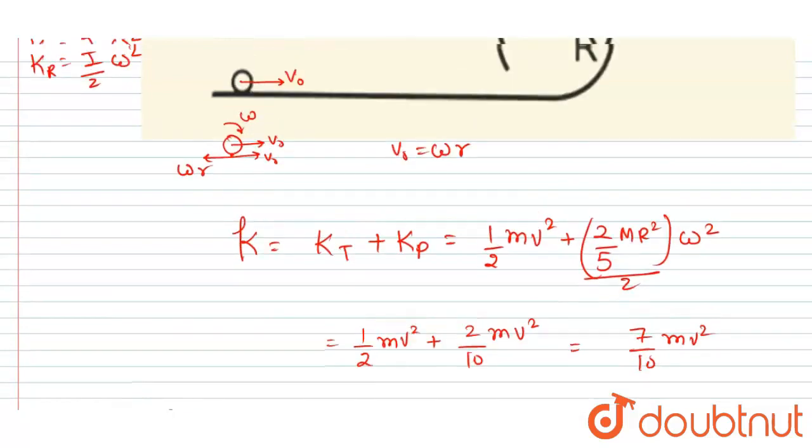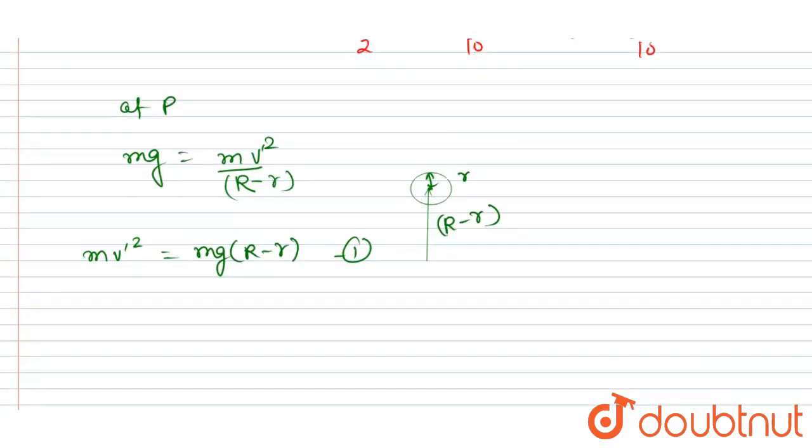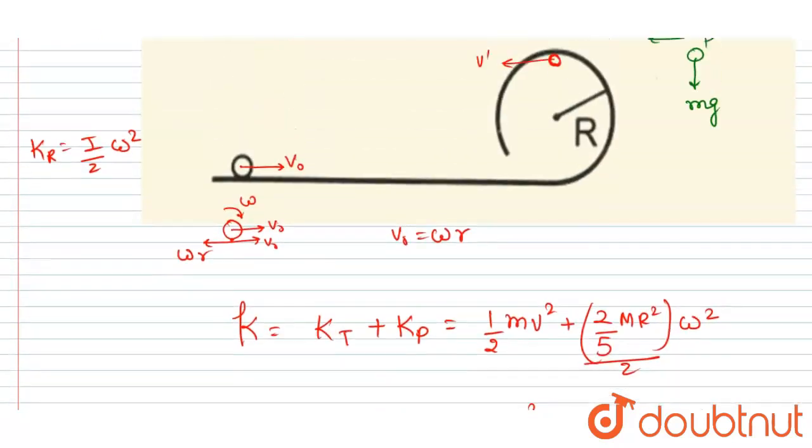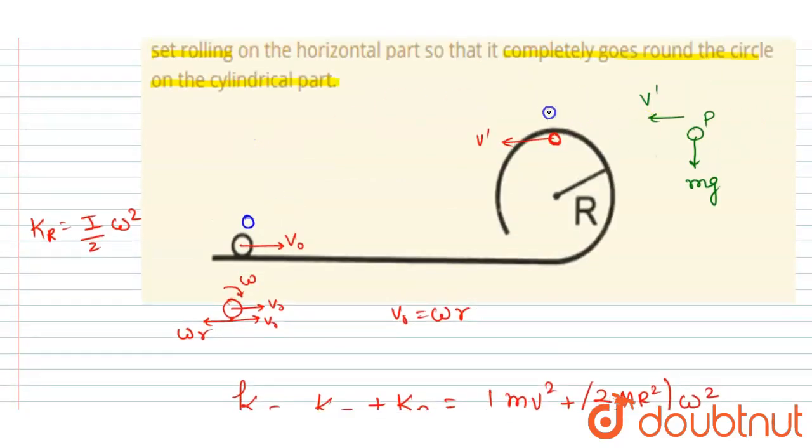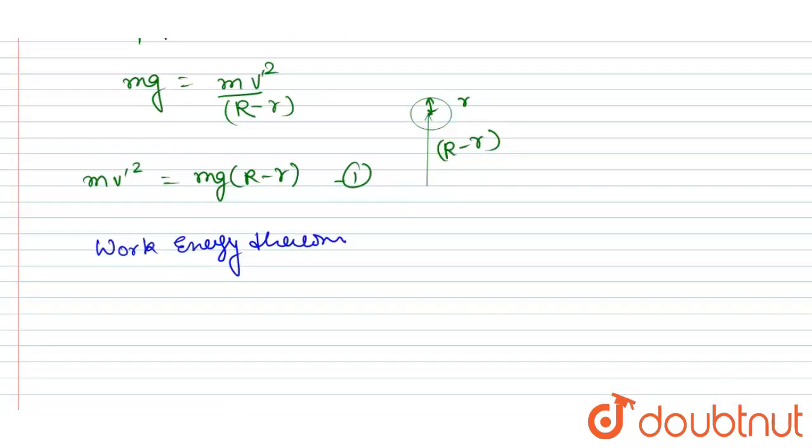Now we want v0, so let's apply the work energy theorem to get the relation between v dash and v0. We apply the work energy theorem from point O to point P. Work done by all forces is equal to change in kinetic energy.